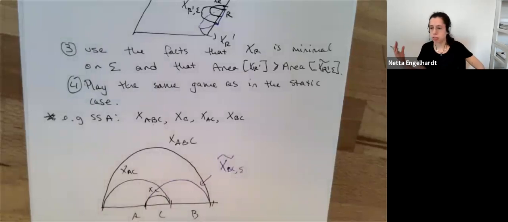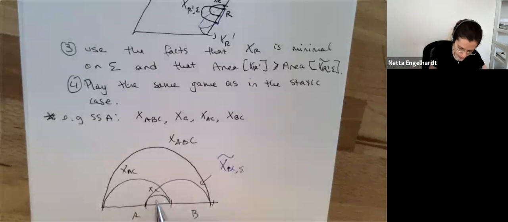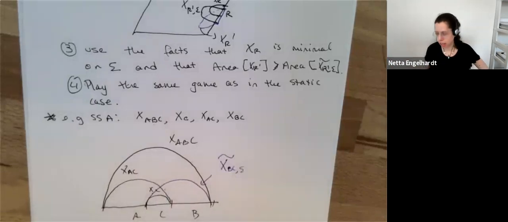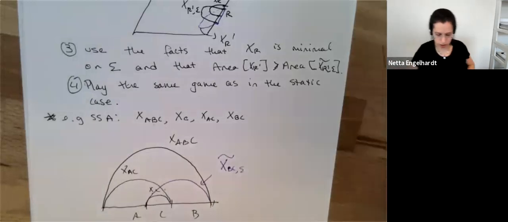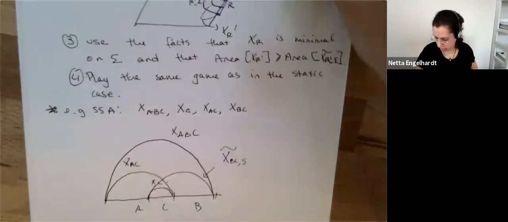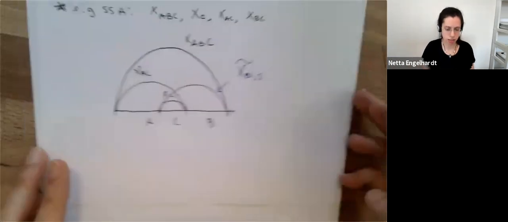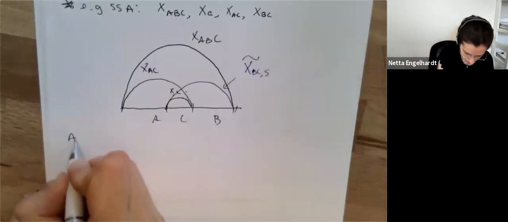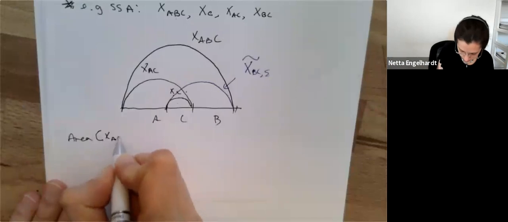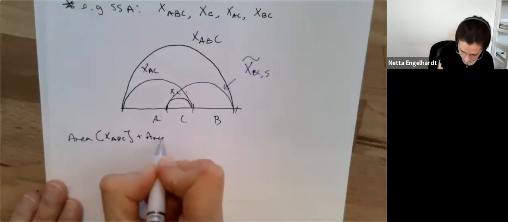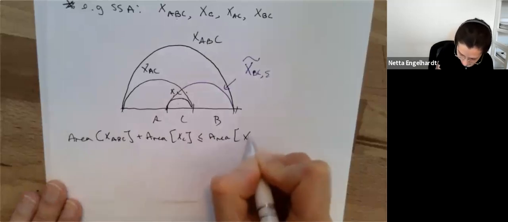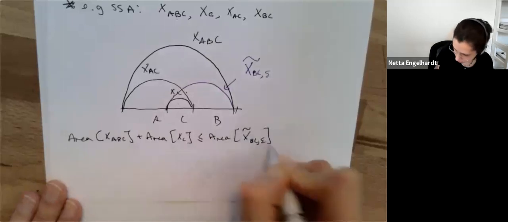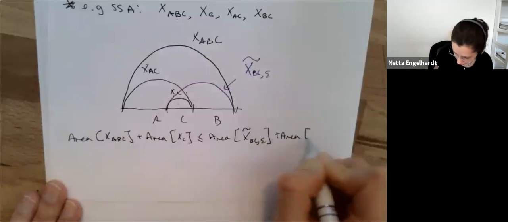And now we play exactly the same game that we played in the static case. We add up the different pieces, and we find that the area of XABC plus the area of XC is less than or equal to the area of XBC sigma tilde plus the area of XAC.